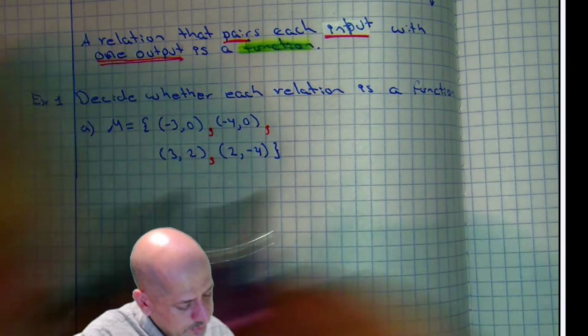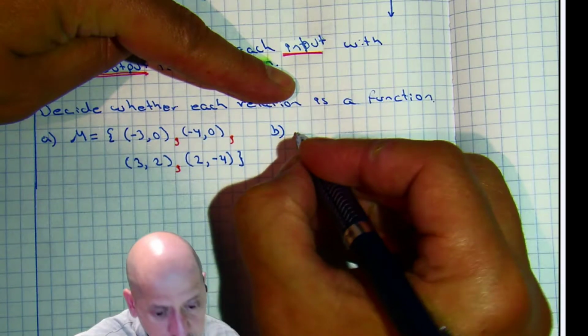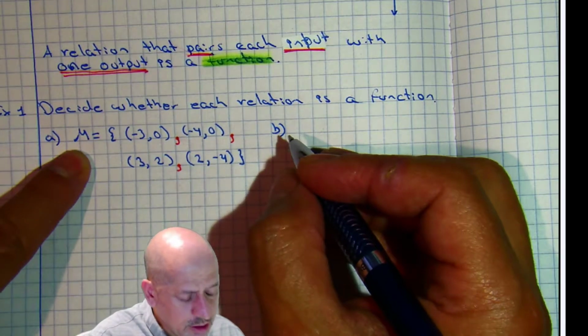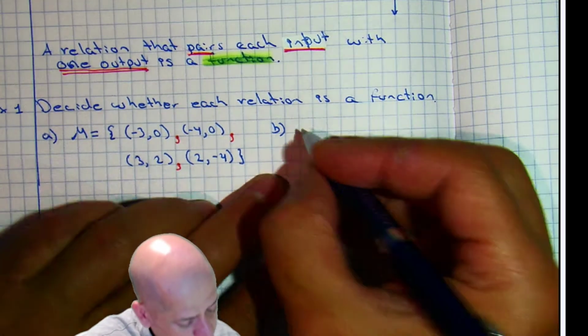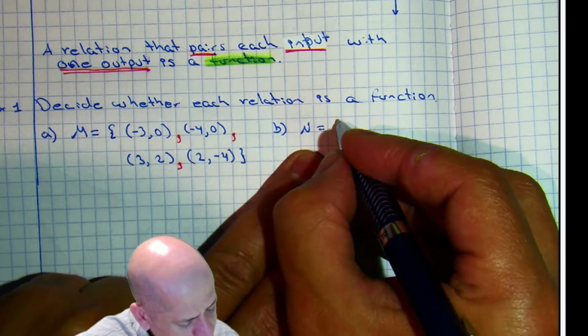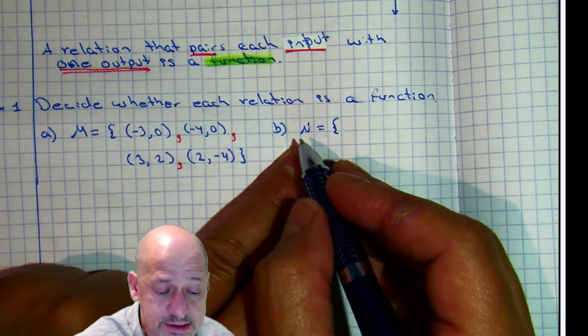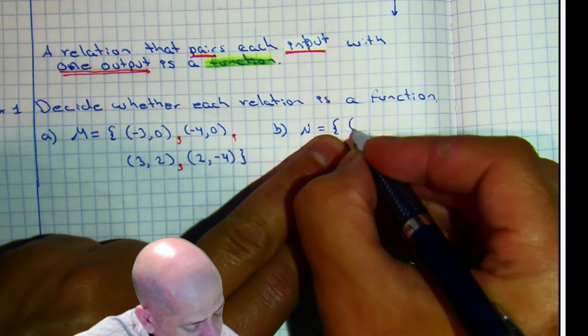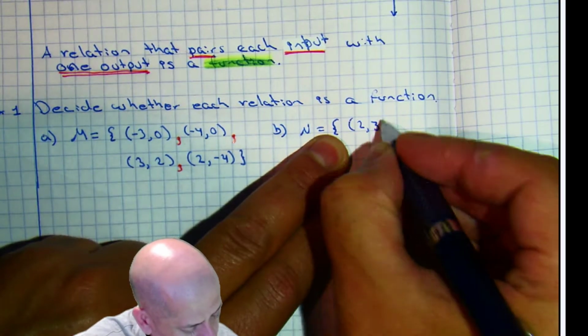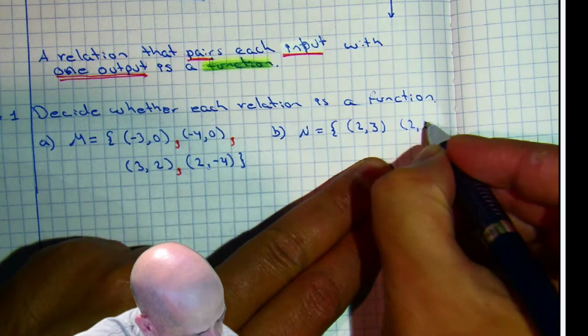Letter B. And we're going to place letter B right next to it. And this is set M. So what's after M? N. And you can place any letter as a set. Notice that the set notation we usually place as an uppercase. So the next one is 2, 3. We have 2, 5.